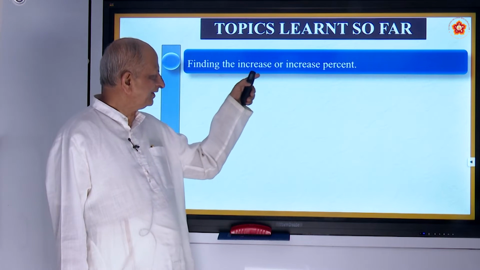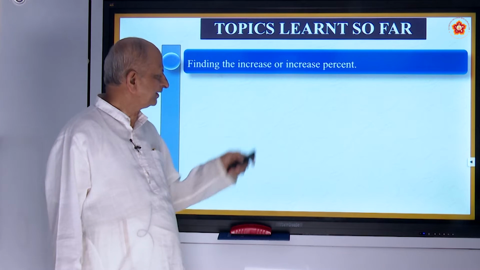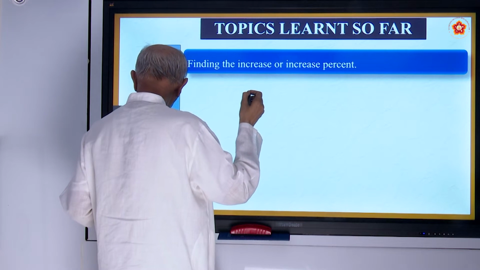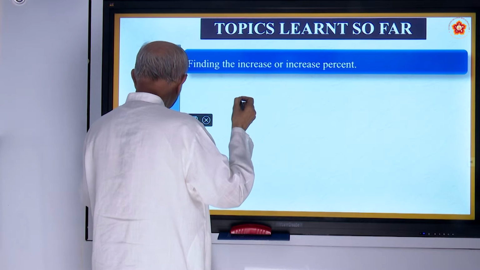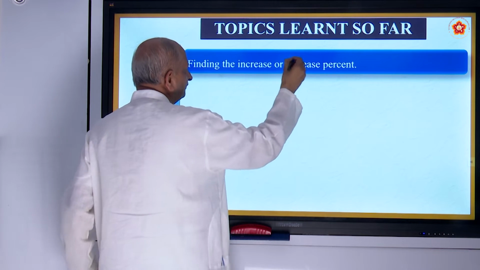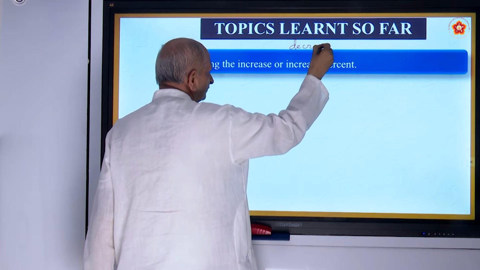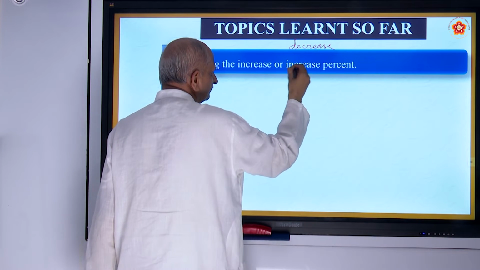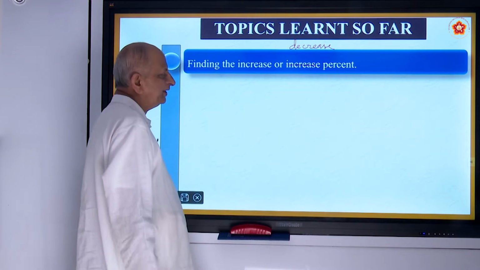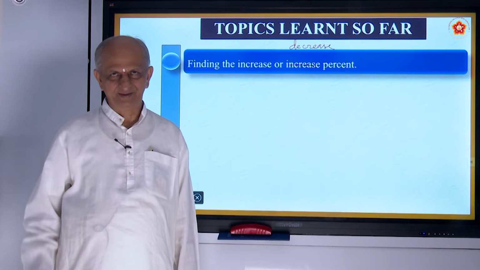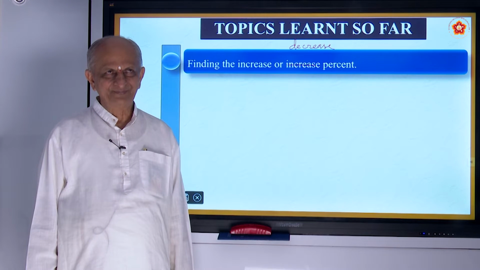finding the increase or decrease percent. So we have seen about percentages, increase or decrease percent. Percent means what? For 100, correct?